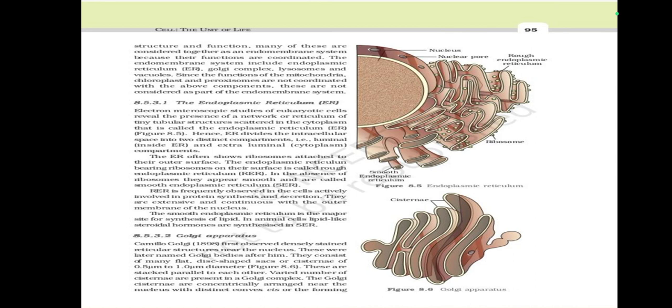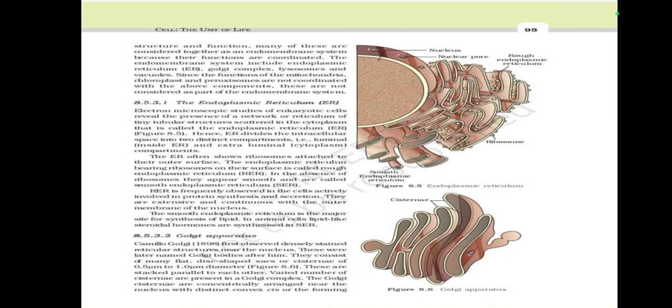That is called the endoplasmic reticulum, which is shown in figure 8.5. Hence, the endoplasmic reticulum divides this intracellular space into two distinct compartments, that is luminal inside the endoplasmic reticulum and extraluminal cytoplasmic compartments.